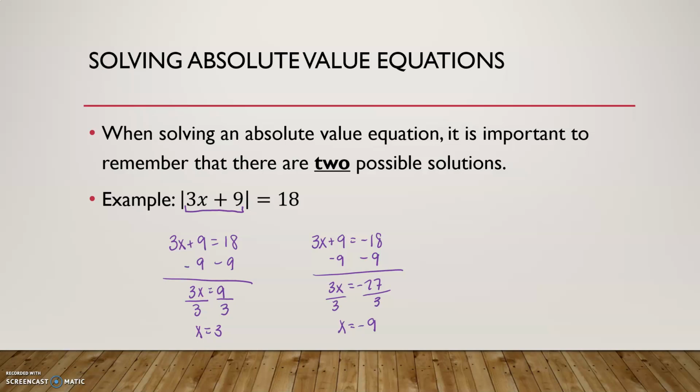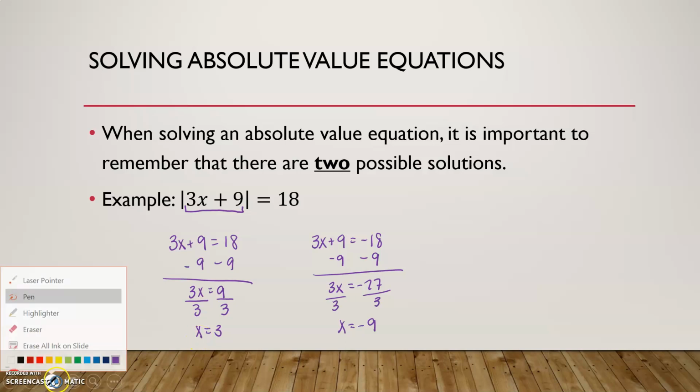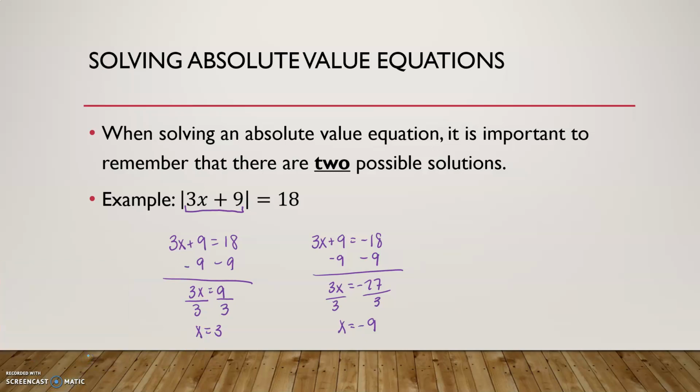So if I want to check x equals 3, I can say the absolute value of 3 times 3 plus 9 equals 18. So then I would have the absolute value of 9 plus 9, absolute value of 18 equals 18. This is a true statement, so that means that x equals 3 is one of our solutions.